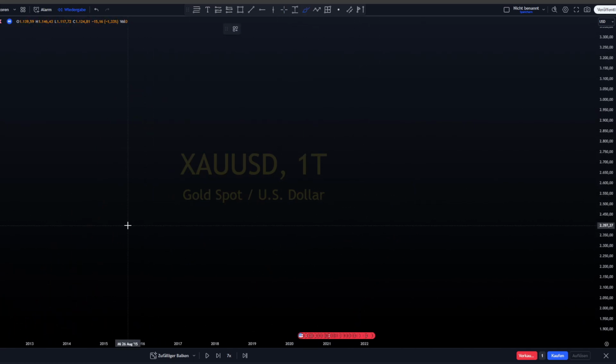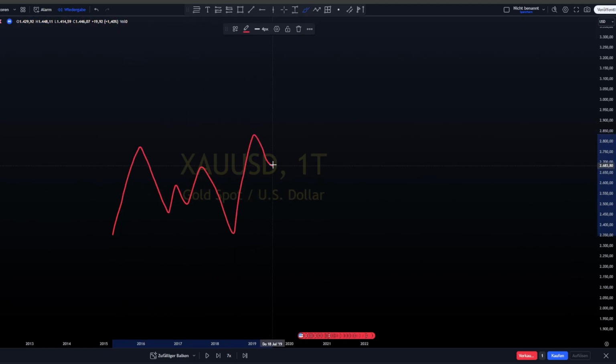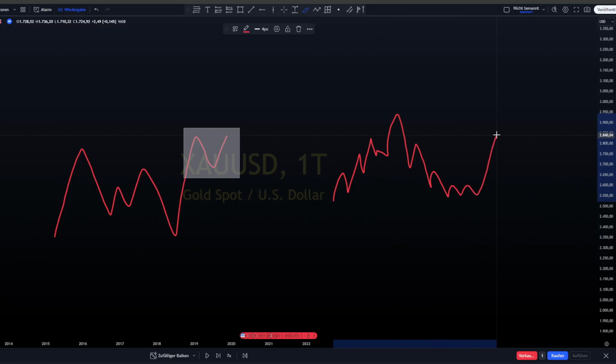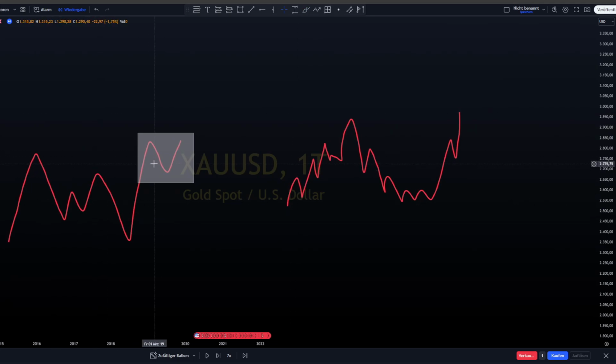When you look at the higher time frame, okay, when you look at the higher time frame, and now zoom into this section, it will most likely look like this. The higher time frame is always smoothing out the noise.